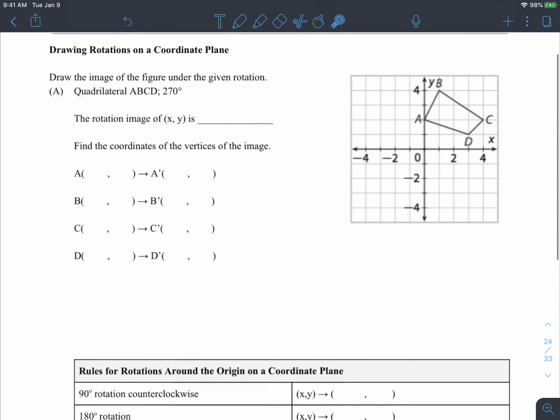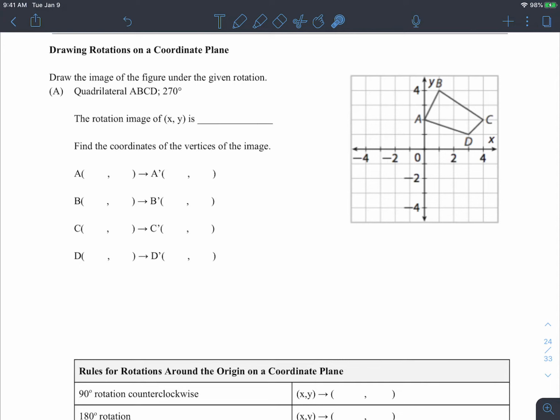In this particular case, let's rotate this thing 270 degrees, shall we? If that's the case, what happens? It doesn't say what the direction is for 270 degrees, so how would I do this?